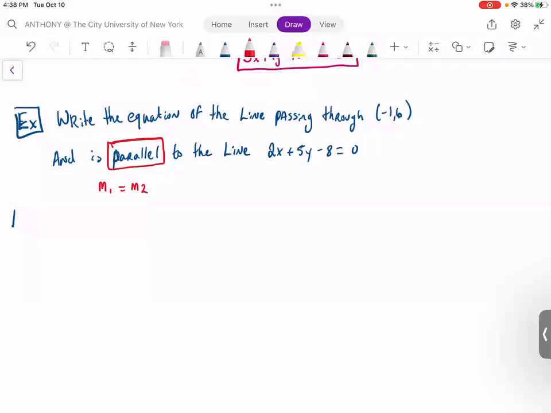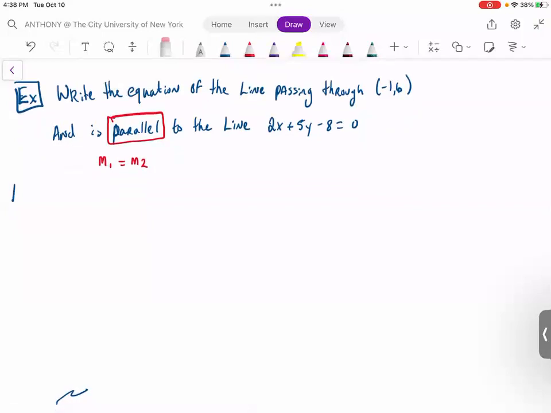The way that I begin this problem is I look at the line that's given to us. The line that is given to us is 2x + 5y - 8 = 0. That line is my first line. I call it L1.